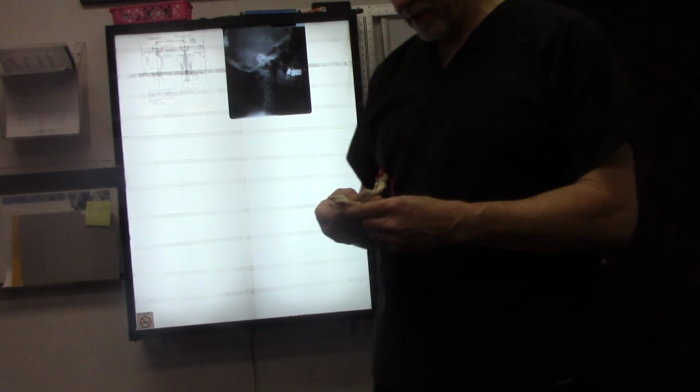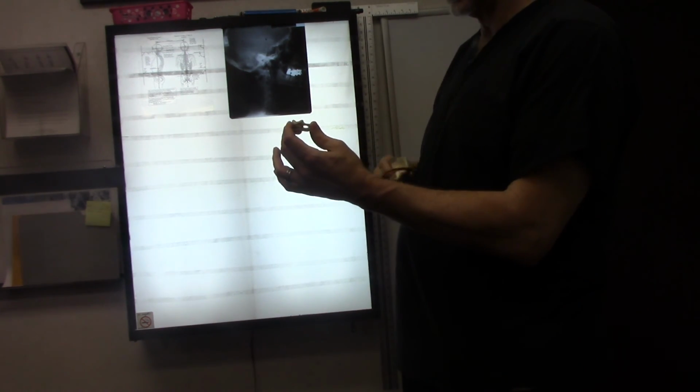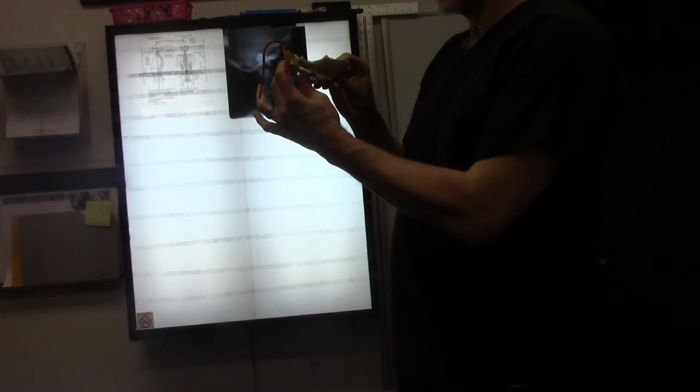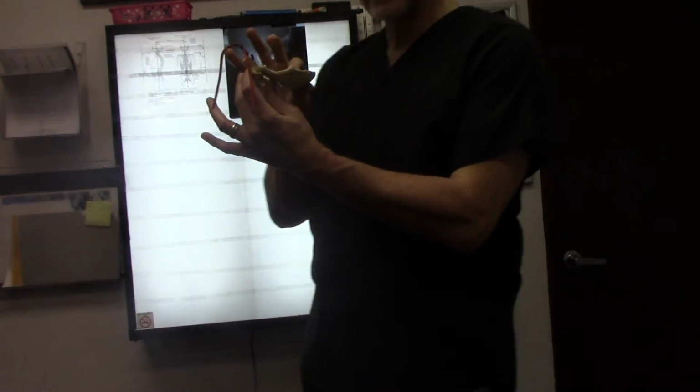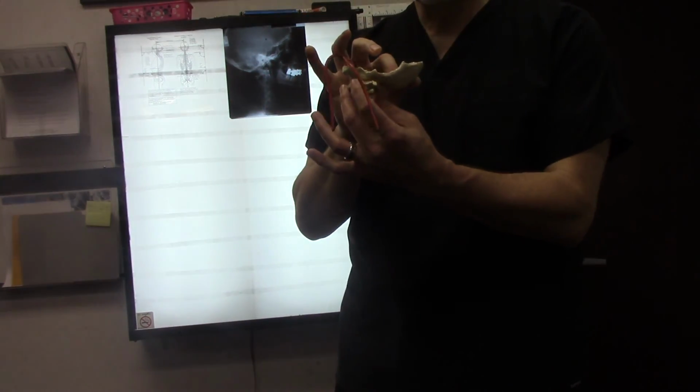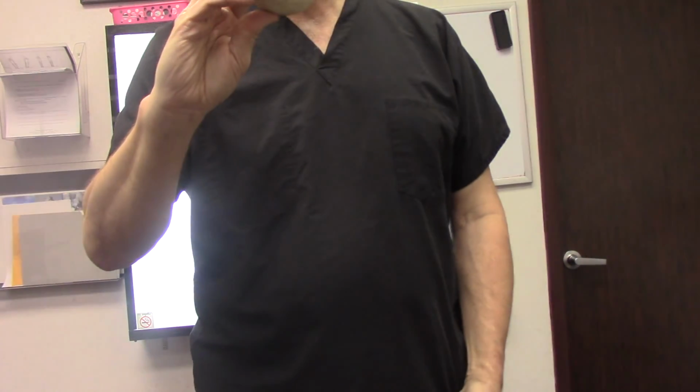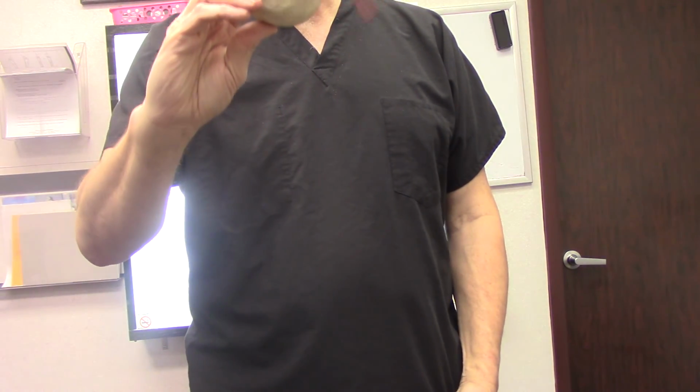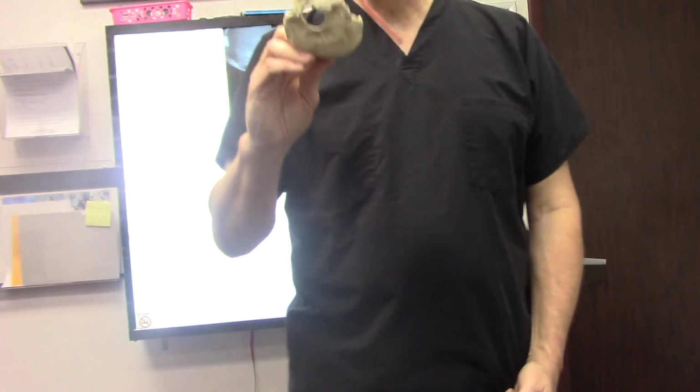So we have that curve, and then we take the skull and C1. They need to be at an 18-degree pitch angle, and that will not only put them parallel, but it will give the optimal opening, the optimal size of that hole for the brainstem to go through it.